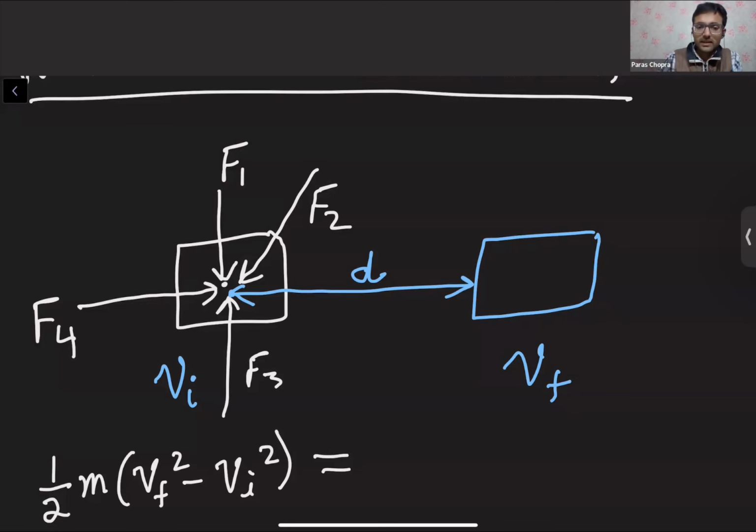So in this example, the work done by forces F1 and F3 will be 0 because they are perpendicular to the displacement. Work done by F4 will be positive, so F4 times d, and work done by F2 will be negative. So if this angle is theta, what will be the work done by the force F2?